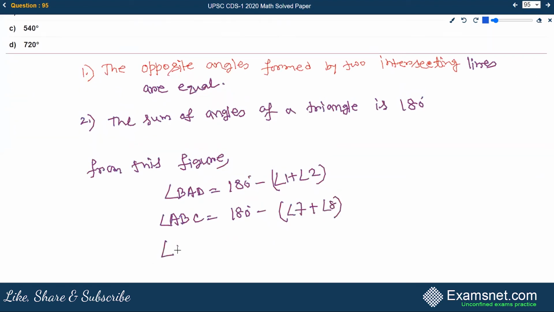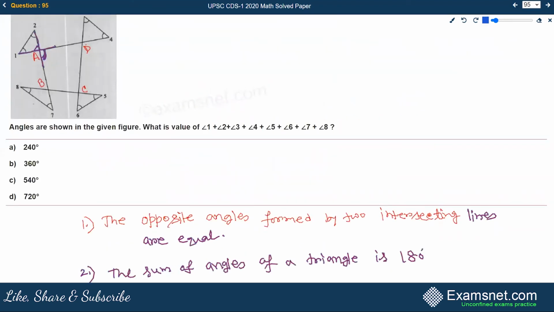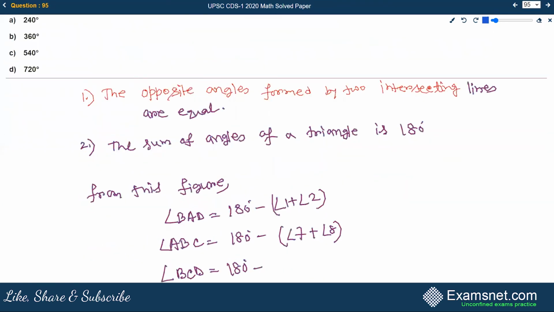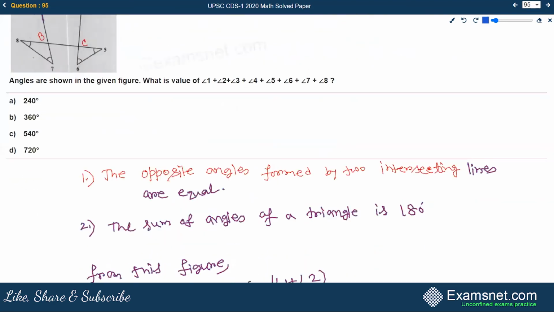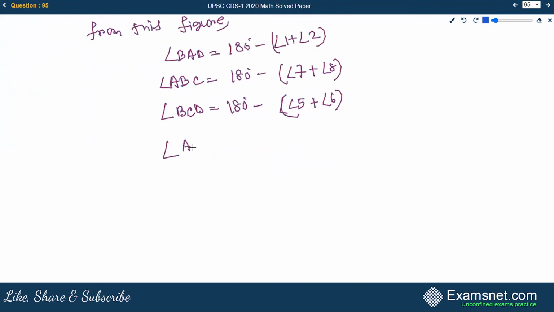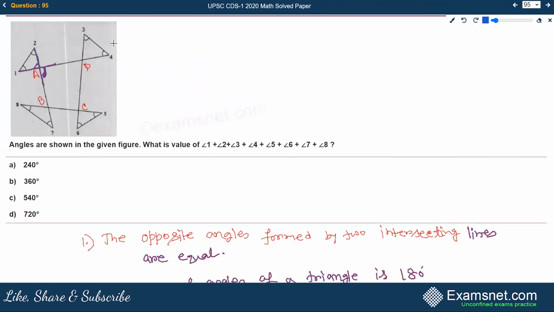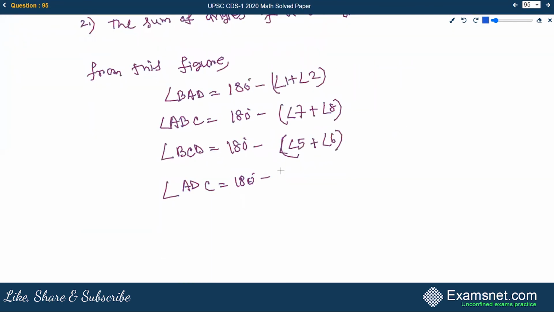Same way, angle BCD is 180 degree minus angle 5 plus angle 6. And for next, angle ADC, that is 180 degree minus angle 3 and angle 4.